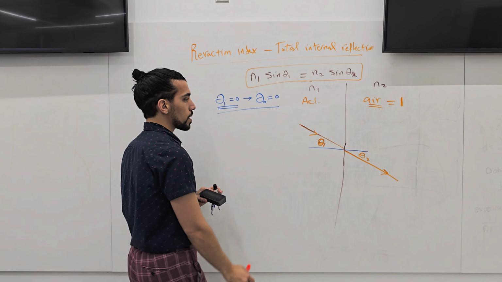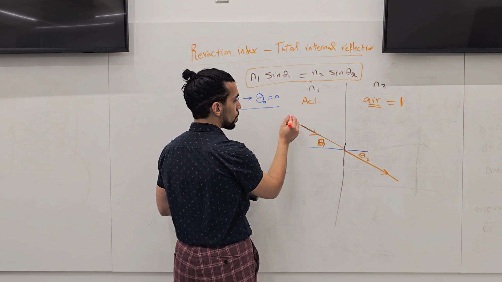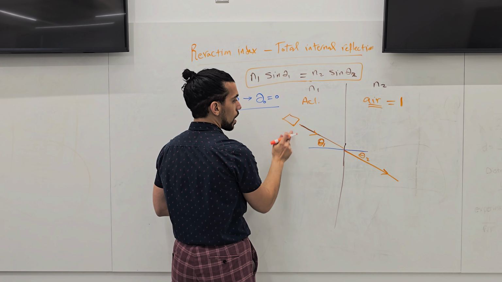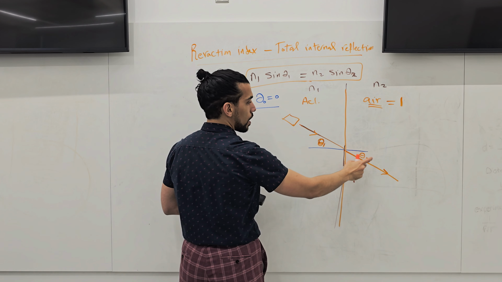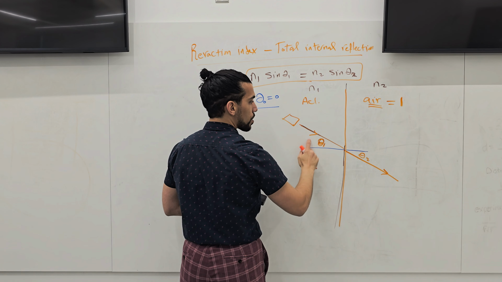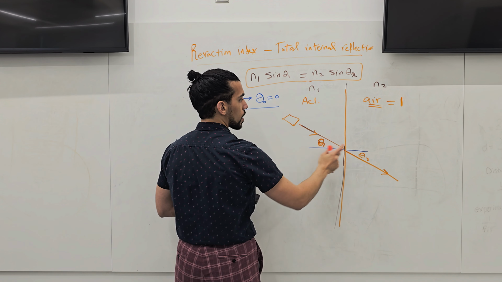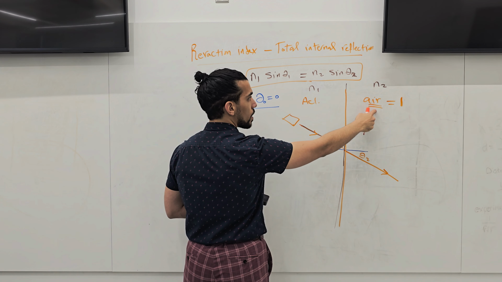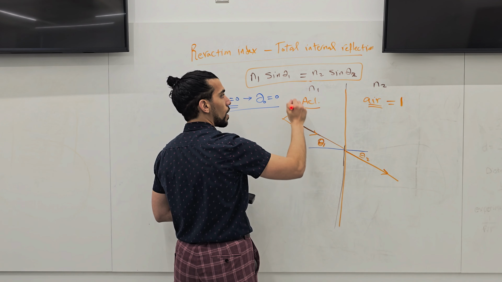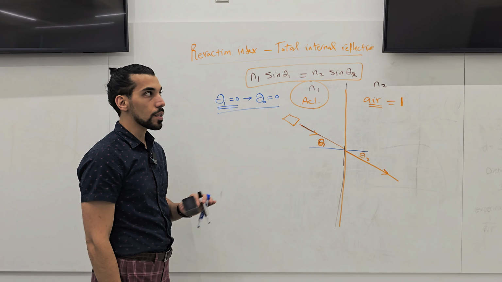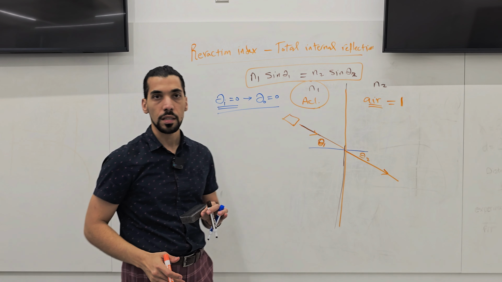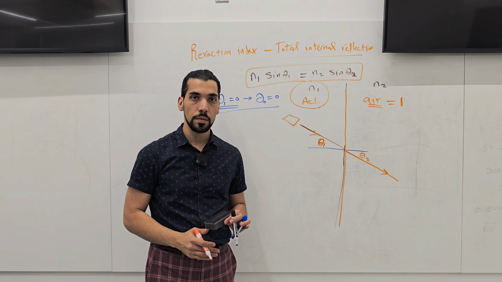So we will put some light source here and make an incident angle, and we will see the refracted angle. We will measure these two angles so that we have theta 1, theta 2, and n2 of air. Then we can find the n1 of the acrylic. So this is how to measure the refraction index in our experiment.